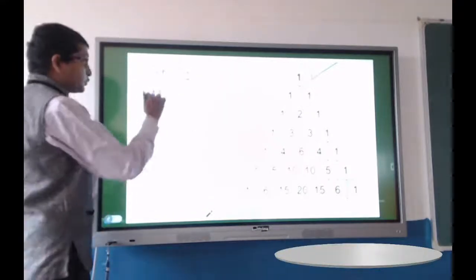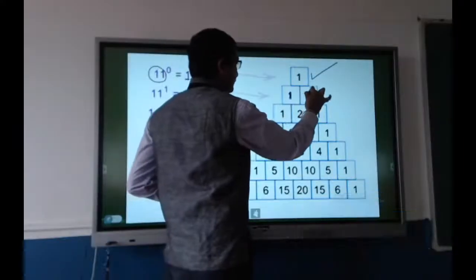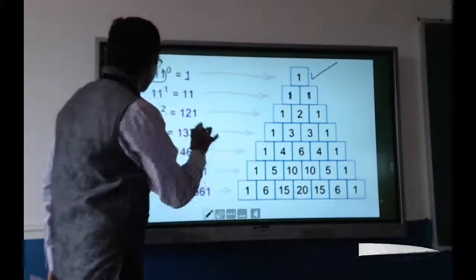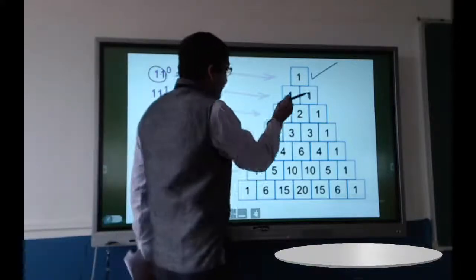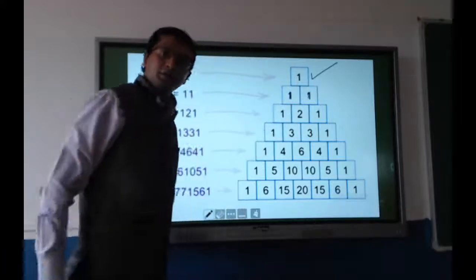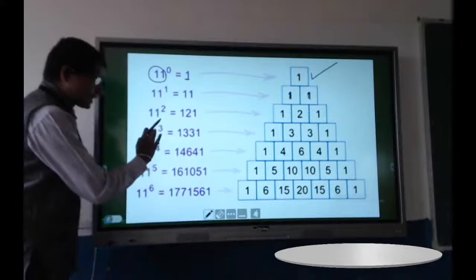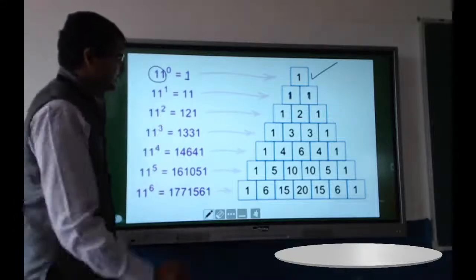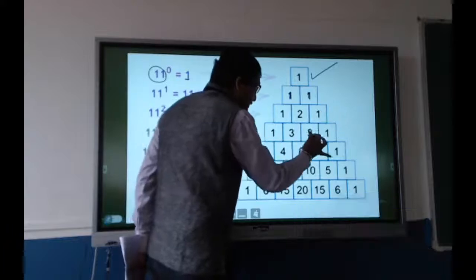Now 11 raised to 1 is 11. Here we have 11. Next, 11 square, 121. Using the Pascal triangle, we can write 1, 1, 1 plus 1, 2. 11 square, yes, it is 121. Next, 11 cube: 1, 1 plus 2, 3, 2 plus 1, 3, then 1.